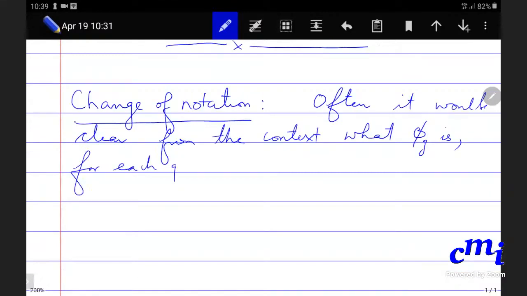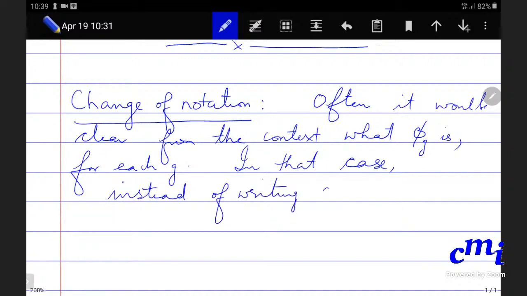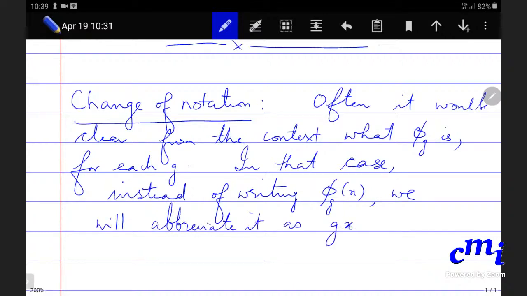In that case, instead of writing phi_g of x, we will abbreviate it as gx.